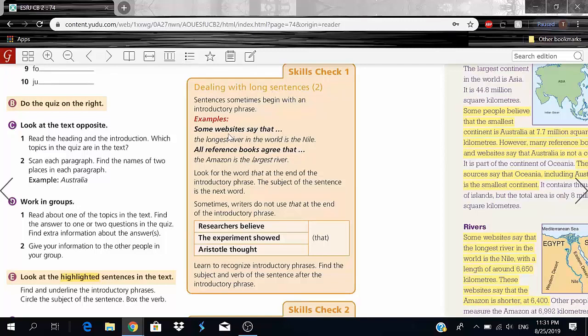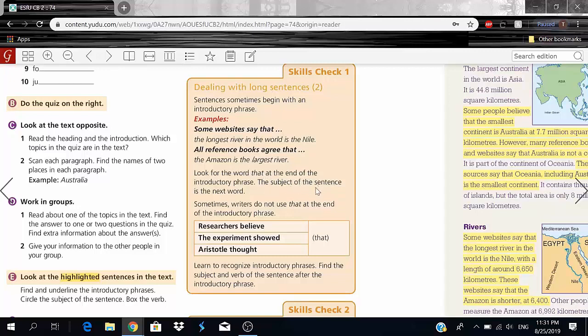I'm going to start with a brief introduction, nothing fancy. Some websites say that, that's an introduction, the longest river in the world is the Nile, okay? All reference books agree that, that's an introductory phrase, the Amazon is the largest river, okay?